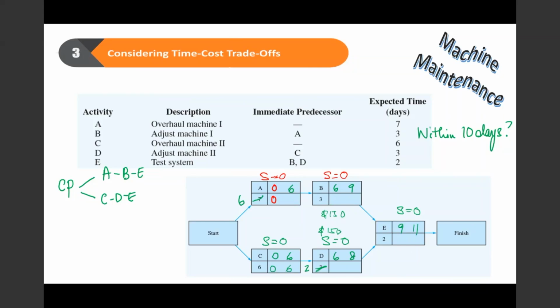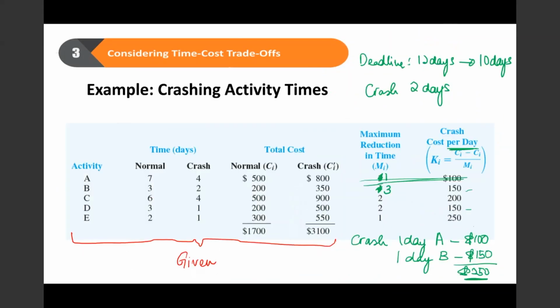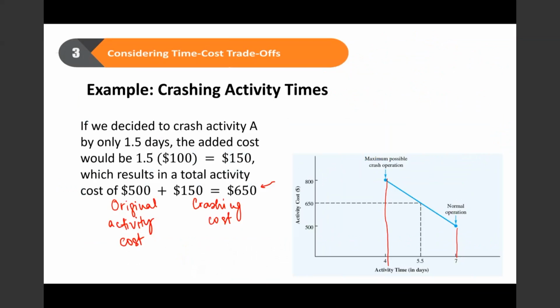So in this case, I have to crash 2 activities. I can crash activity D and activity B, or I can see what is activity E. How much does it cost me to crash activity E? Activity E is 250. Okay, instead of me crashing 2 on 2 critical paths, I might as well crash activity E. So now the decision is not to crash activity D.